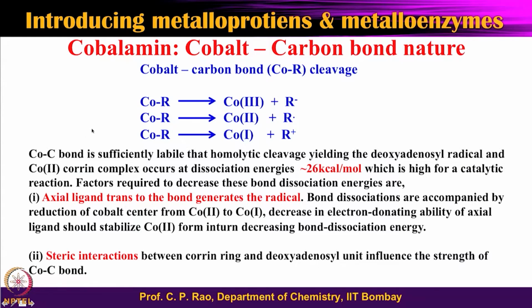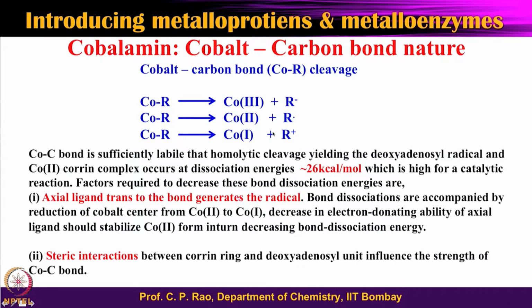As I told you earlier, the cobalt can be in 3, 2 and 1, and so in the cobalt-R bond, if it is cobalt 3, the R will have the characteristic of R minus, and if the cobalt is cobalt 2, then the R will be like R dot, and if the cobalt is cobalt 1, then R will be R plus. So, it is cobalt 3, cobalt 2, cobalt 1; R minus, R dot, R plus. What does that depend on?